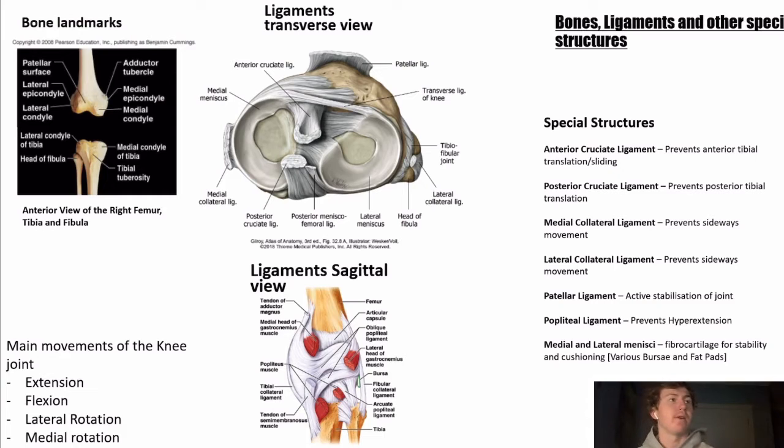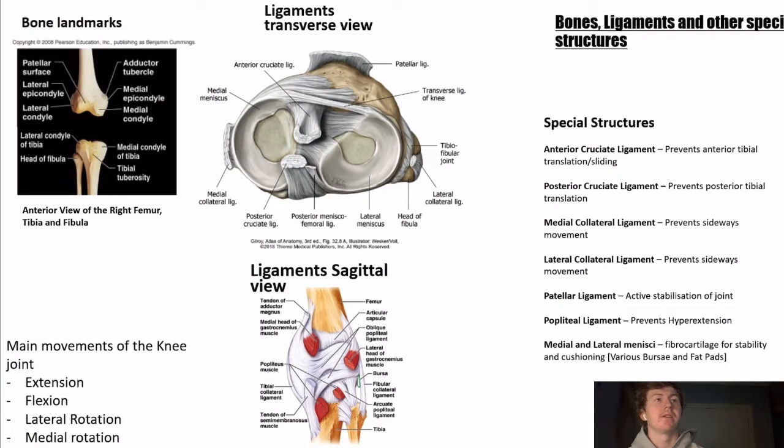Looking at the femur, we have the patellar surface, lateral epicondyle, lateral condyle, the adductor tubercle, medial epicondyle and medial condyle. With the tibia and fibula, we have the lateral condyle of the tibia, medial condyle of the tibia, head of the fibula, and tibial tuberosity, which is very important to know.